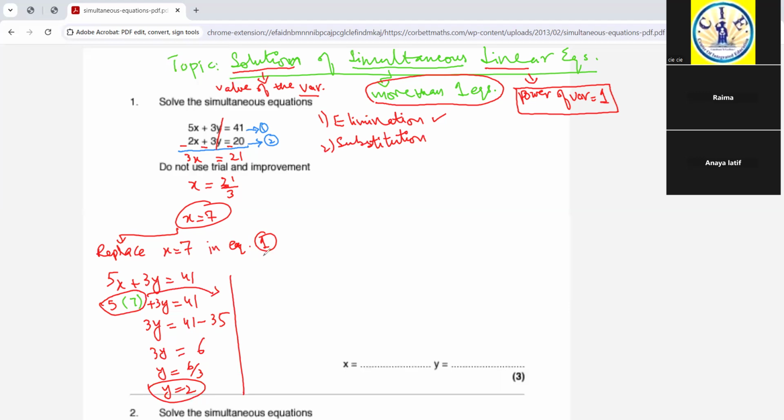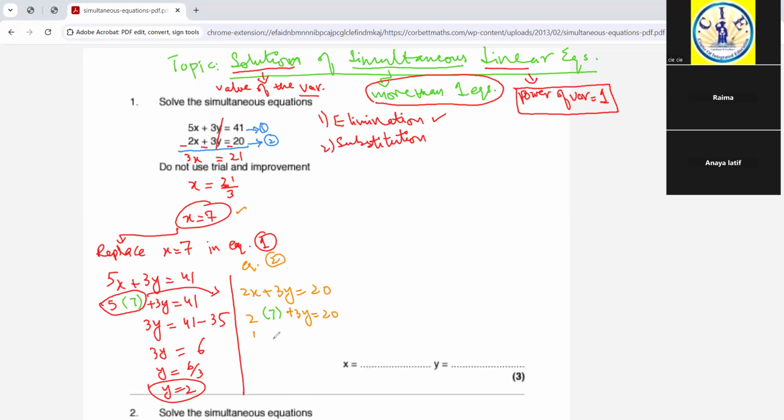If we replace this in equation number 2, for example, that would give me 2x plus 3y equals 20. 2 times 7, because I need to replace the value of x equals 7 here, plus 3y equals 20.